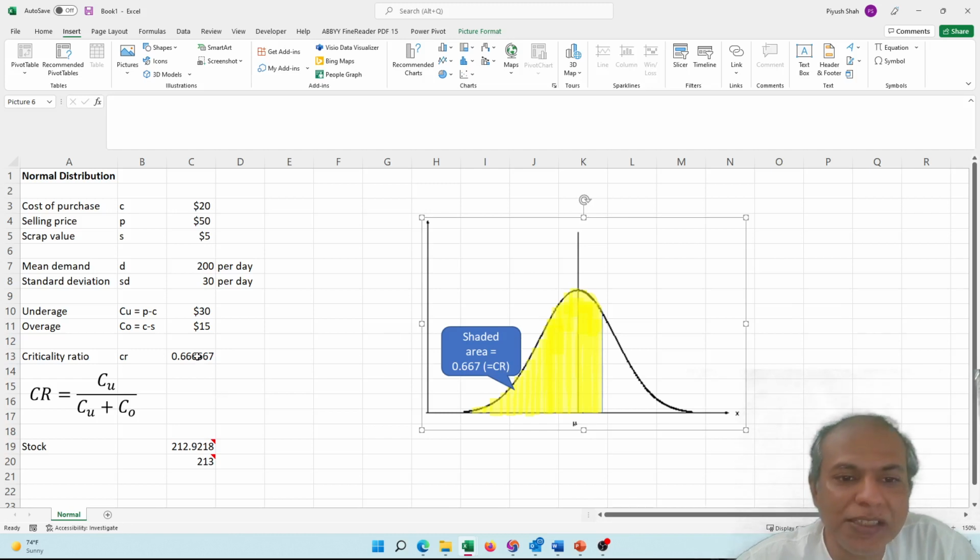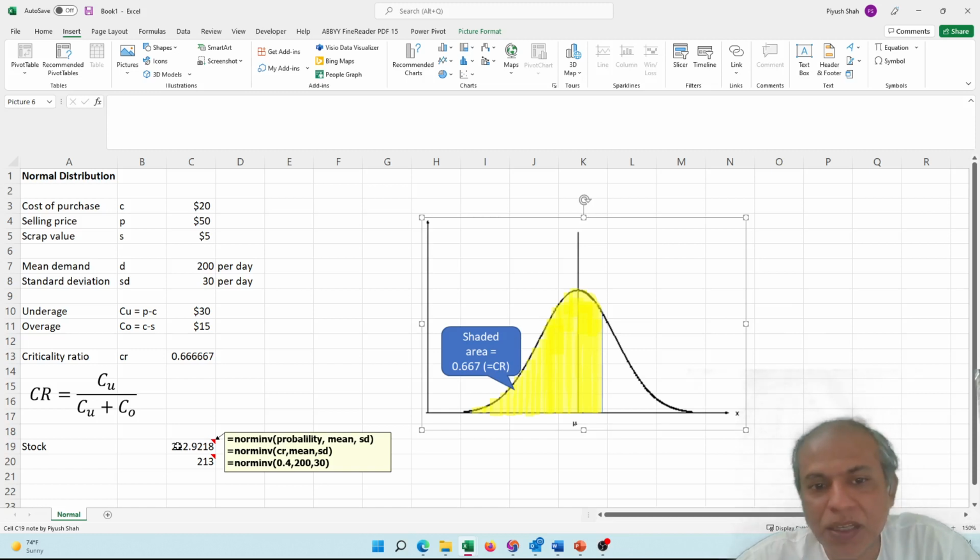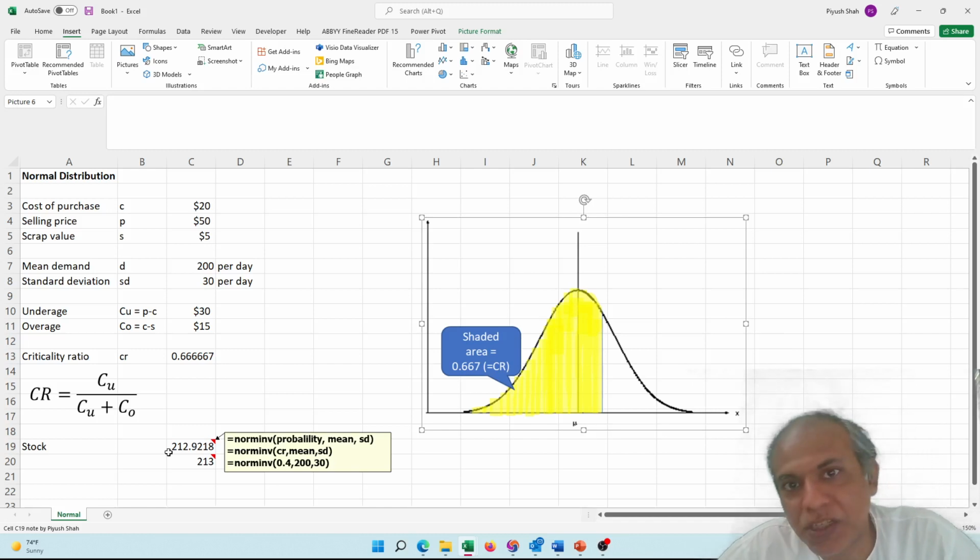All I change is, instead of 0.4, I use 0.667 in this formula, and I will get this answer. Because it's a high margin product and losing customers is more problematic, I stock more than the average demand that is being forecasted.